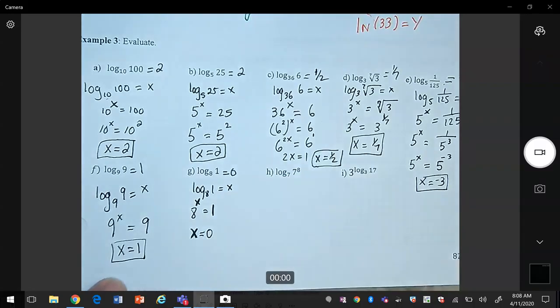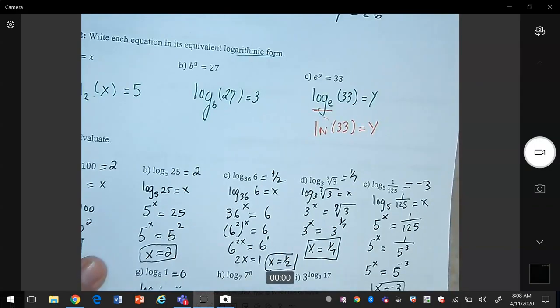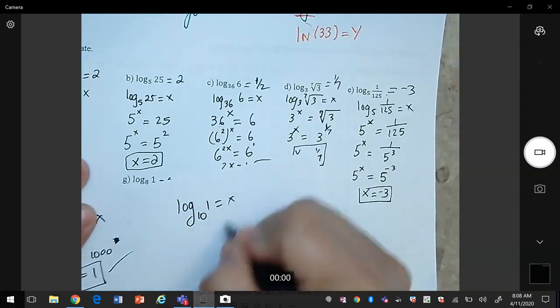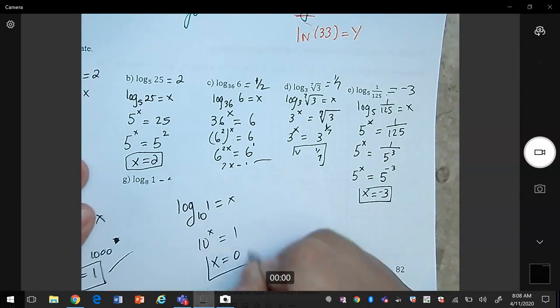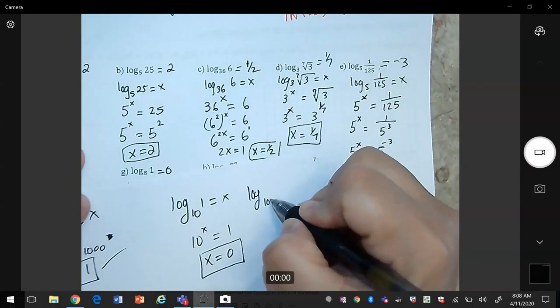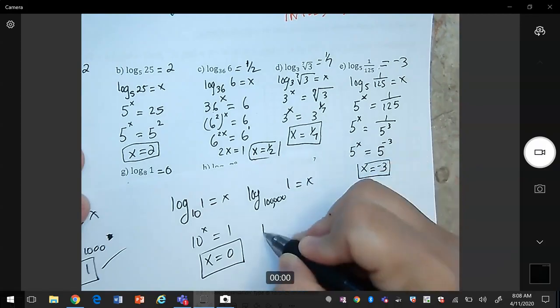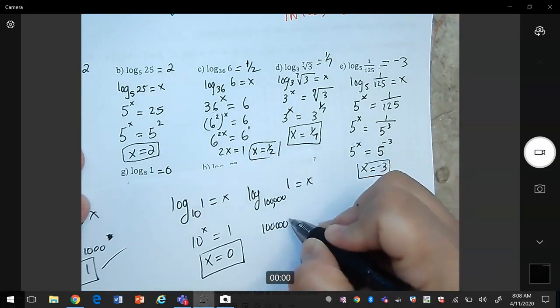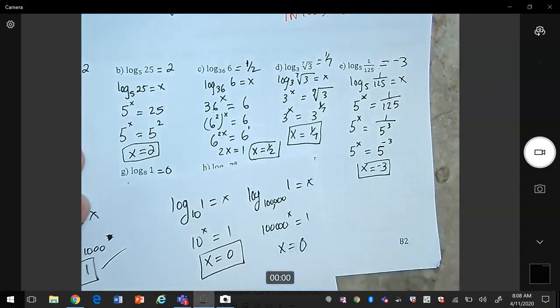And so if I give you some more examples, log base 10 of 1, then x has to be 0. Or I can say log base 100,000 of 1, so it doesn't matter, this is going to be 0.